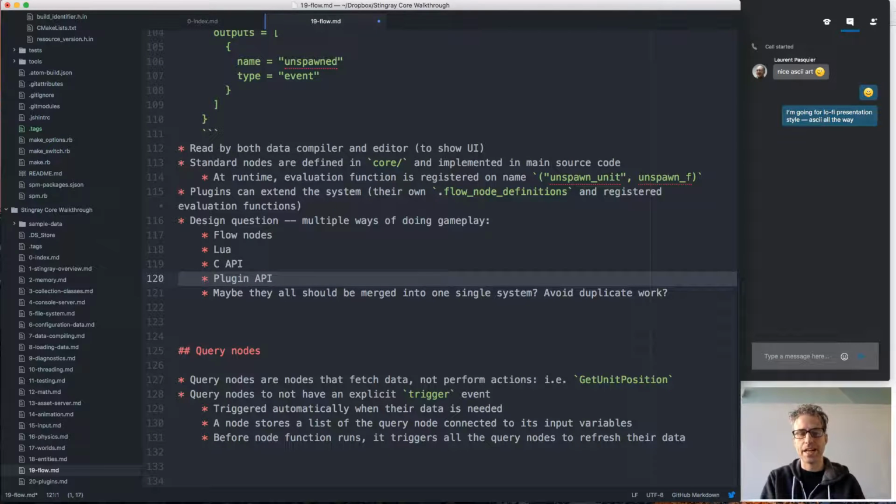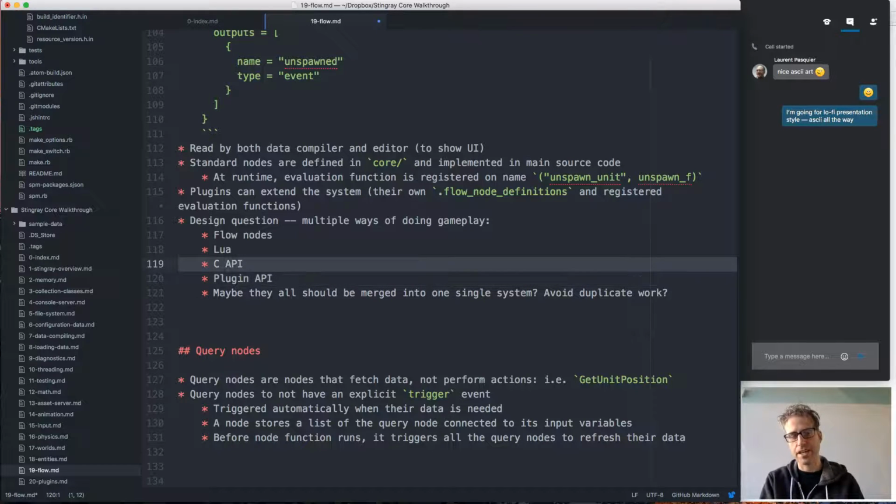And we have the plugin API, which has functions for extending the engine, whereas the C API is more functions for defining gameplay. But these are kind of similar, they do somewhat similar things.